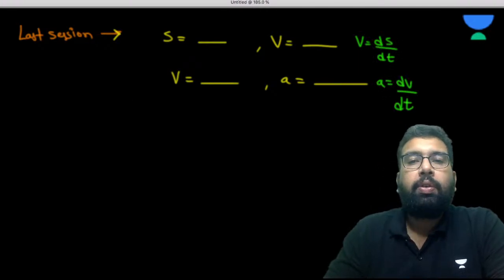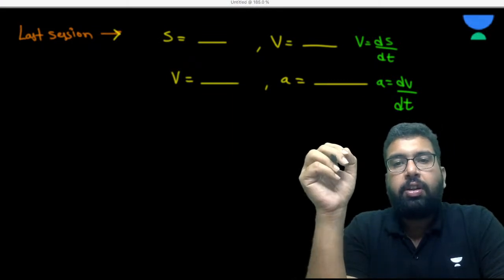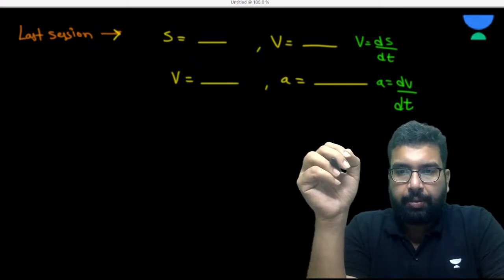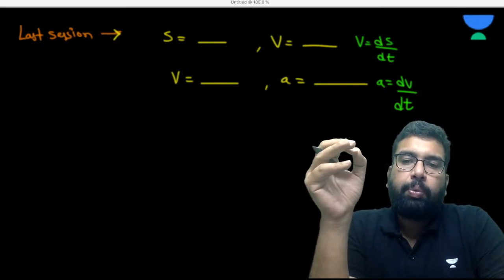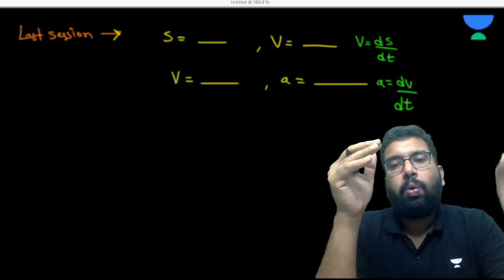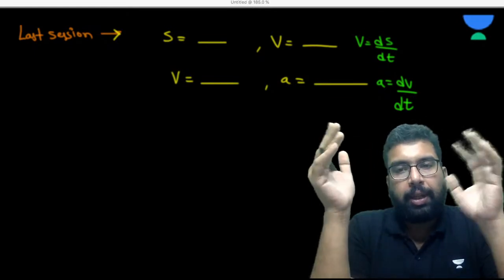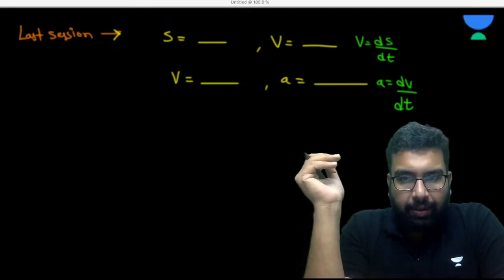Previously we understood the concepts of differentiation, and using those very concepts we covered this portion of kinematics, in which we learned how we can go from displacement to velocity, or from velocity to acceleration.